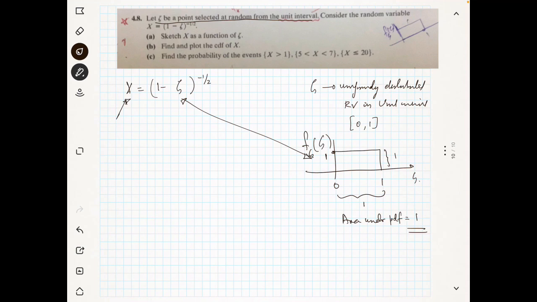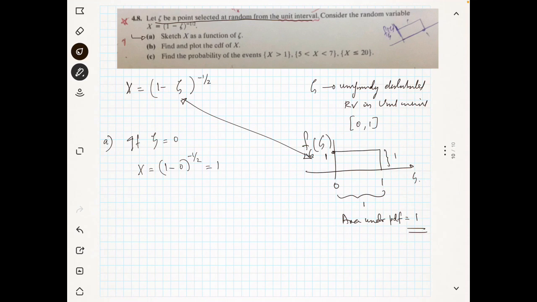First of all, the first part of the question is to sketch X as a function of zeta. You can see here, if zeta is equal to 0, then X will be equal to (1 minus 0) to the power minus 1 by 2, which is equal to 1.